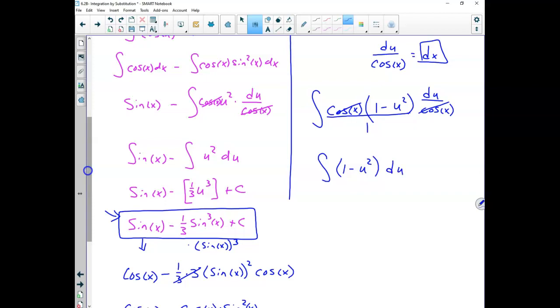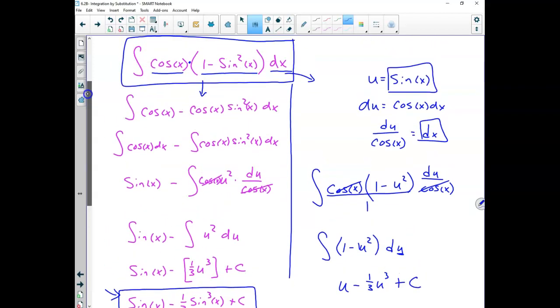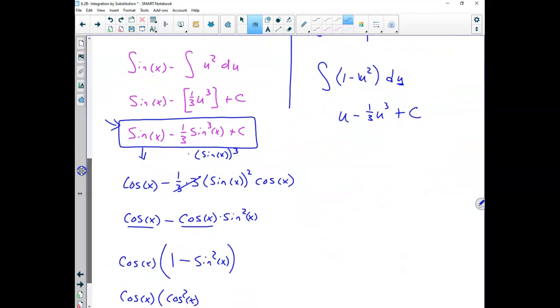Well, I can integrate this. The antiderivative of 1 is going to be u, because I'm in terms of u, minus a u squared came from a u cubed with a 1/3, because I need a 1 there, plus a c. If I back distribute what u was, sine x, I get sine x minus 1/3 sine cubed x plus c.